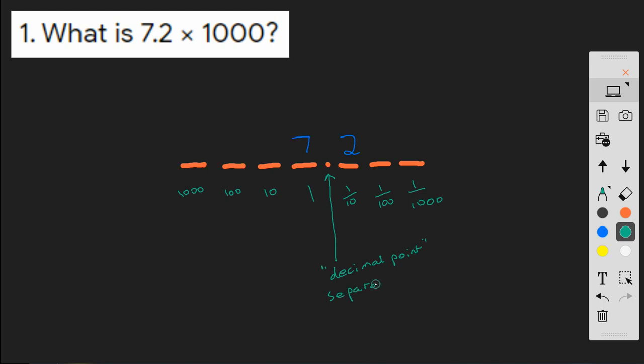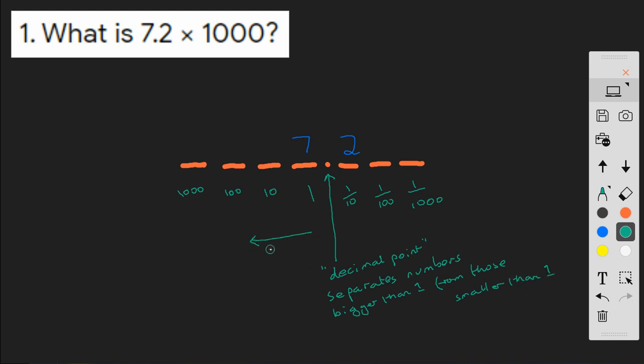what this does is it separates numbers bigger than 1 from those smaller than 1.